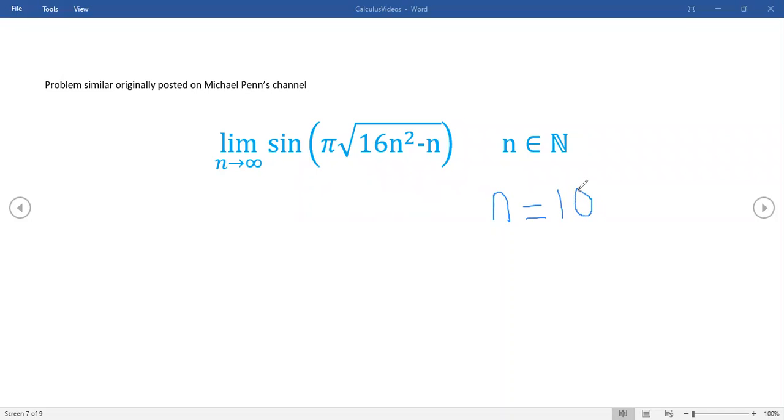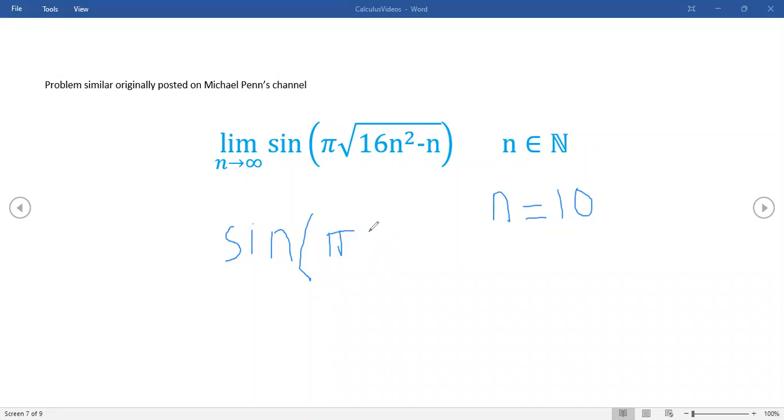Okay, n equals 10. Now the limits get removed, and what you have right here is the sine of pi times the square root of something. If you'll allow me to do the arithmetic here, I picked an easy one. 10 squared is 100. 16 times 100 is 1600.